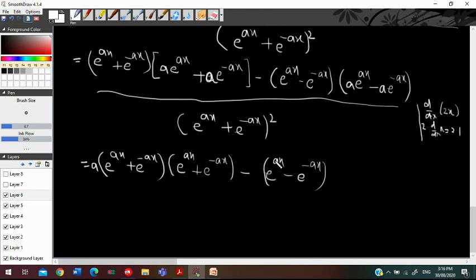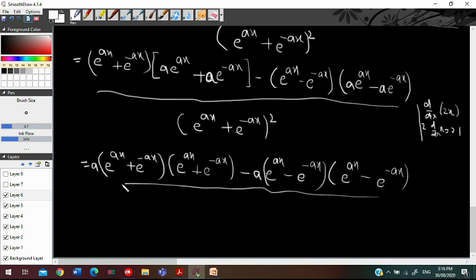If I take a as a common again over here, then exponential of ax minus exponential of minus ax, and the whole divided by exponential of ax plus exponential of minus ax whole square.